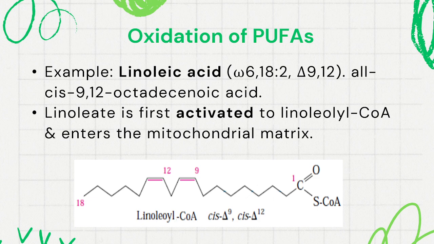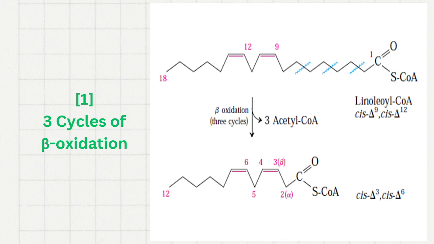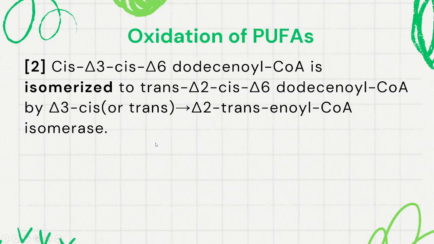That was a monounsaturated example. Now we need to illustrate oxidation of polyunsaturated fatty acid using linoleic acid as an example. It is also activated first to linoleoyl CoA. It will also undergo 3 cycles of beta oxidation normally, and then the enzyme will stop at this cis double bond.